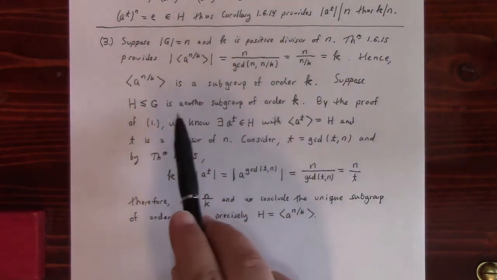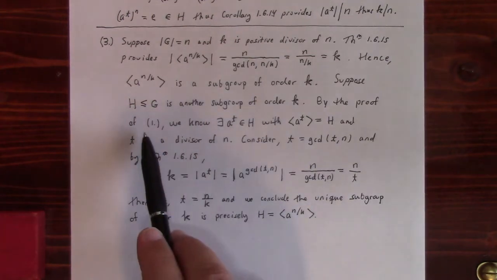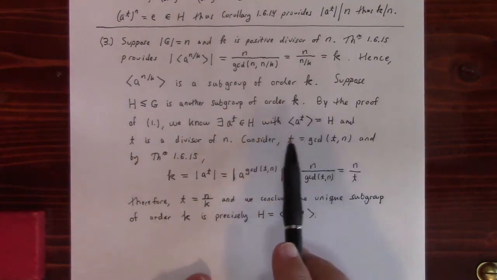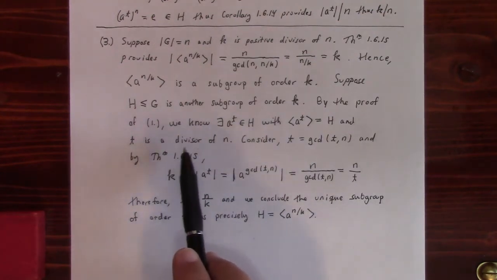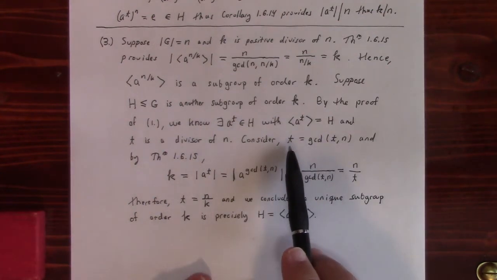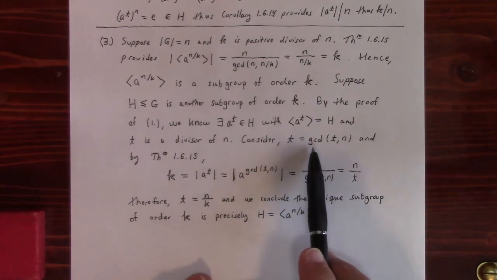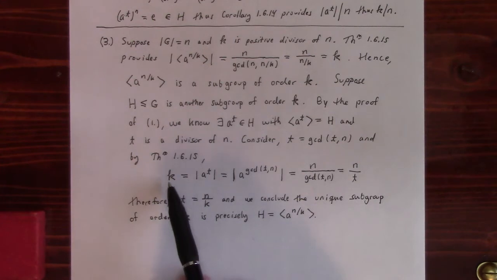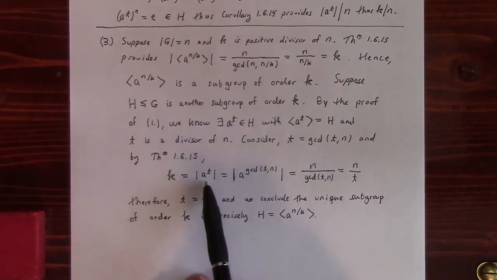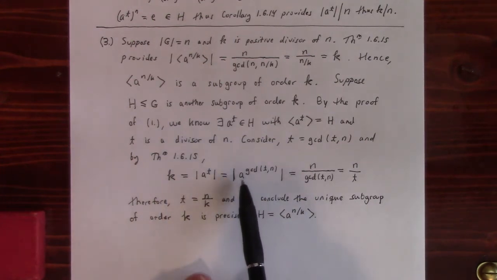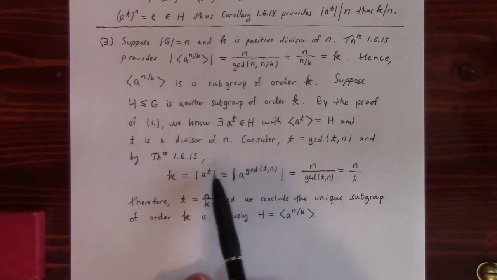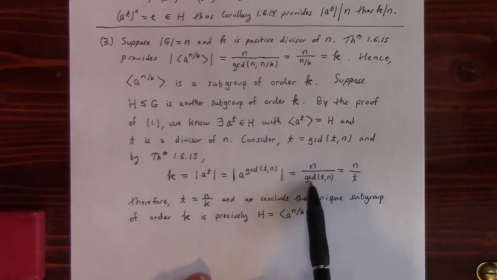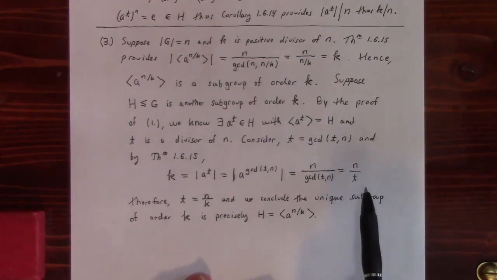And suppose you had another subgroup of order k, then by the proof of 1, we know that there exists a generator for that other subgroup, a to the t, and we also know that t is a divisor of n, so t is the greatest common divisor of t and n. By theorem 1.6.15, k is equal to the order of a to the t, which is n over the GCD of n and t, which is n over t.